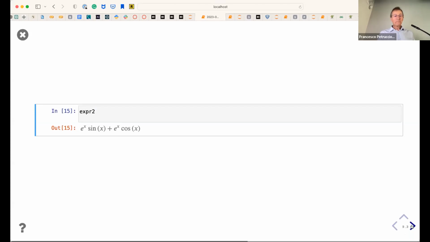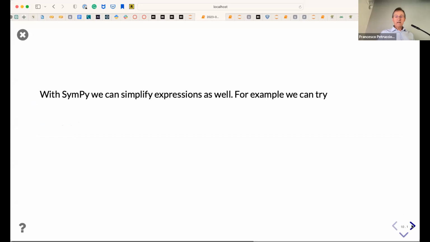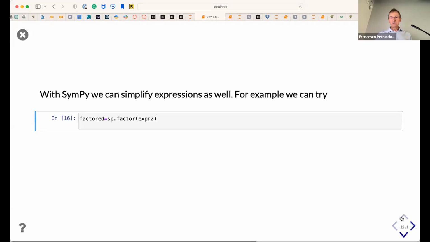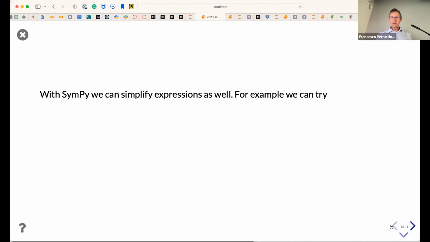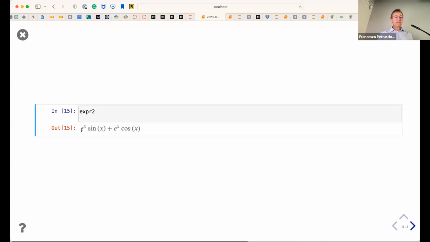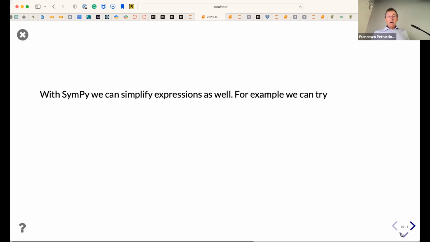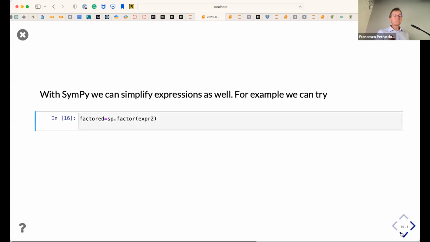And now comes the beauty. If you look at this expression, it's fairly obvious that you could take the e to the power of x outside and in the bracket have sin x plus cos x. And that, of course, SymPy can do for you. So if you want to simplify, we could use the SymPy command factor.